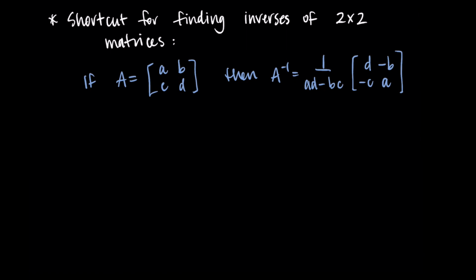You'll know that it doesn't exist if AD minus BC is 0, where you'd be dividing by 0. That wouldn't work, so then there wouldn't be an inverse.